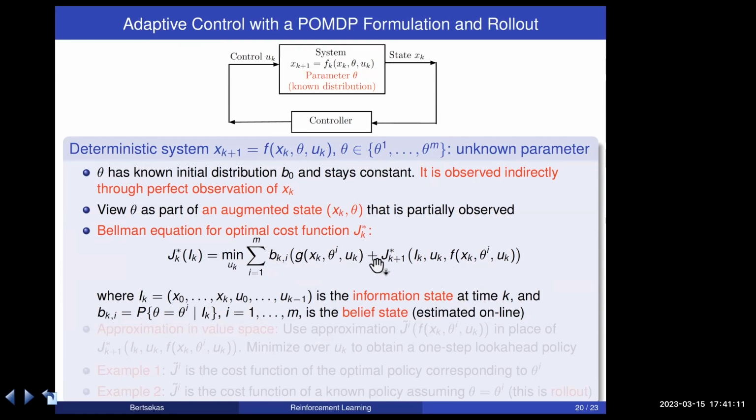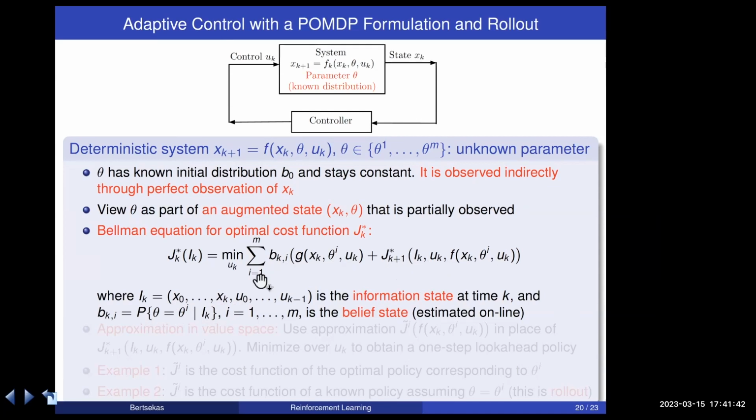So these are M probabilities: the probability that theta is equal to theta 1 or theta 2 or theta M. And we assume that this posterior can be generated online somehow by formulas or simulation, and it is used here in the dynamic programming algorithm. On the other hand, this algorithm is very, very difficult to execute in practice because it involves overwhelming computations.